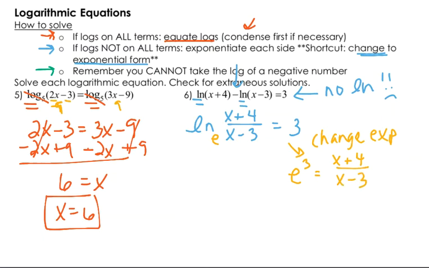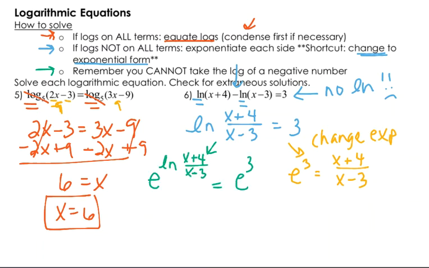Or something else that you could do, let me get rid of that e here for a second. Another thing that you could do is you could say, well, I know that there's a natural log, so I could actually e both sides, or give both sides a base of e. And here's what it would look like.